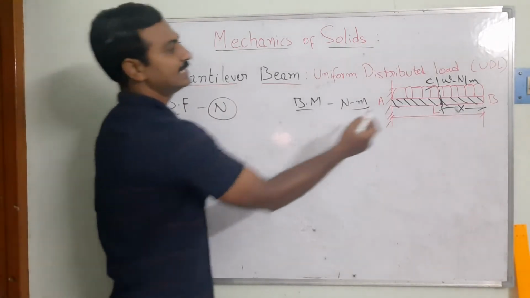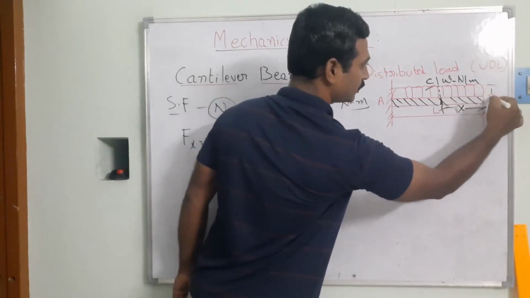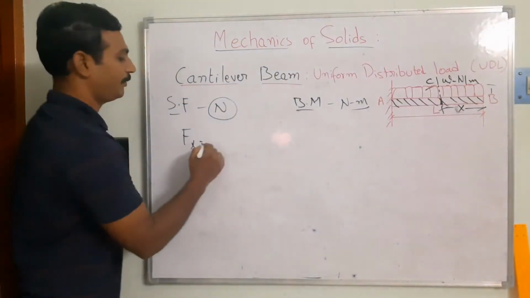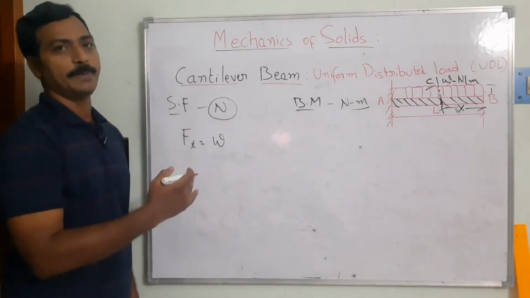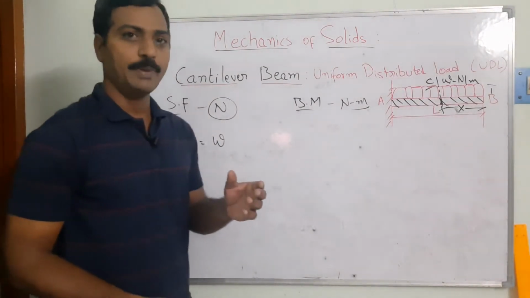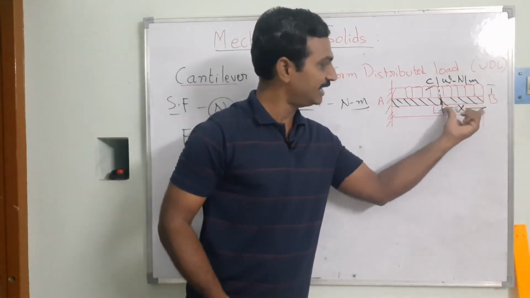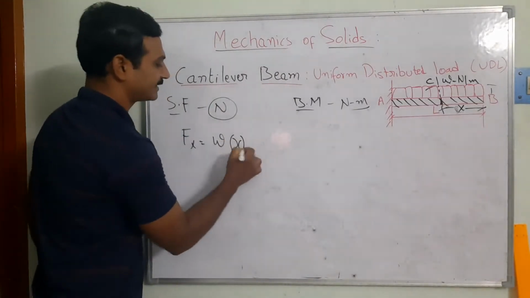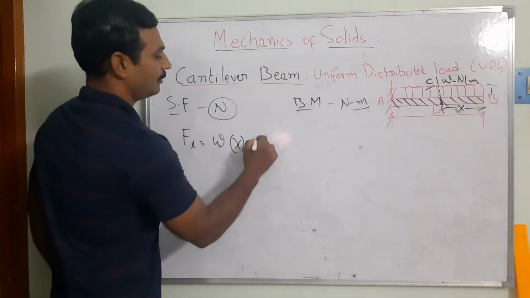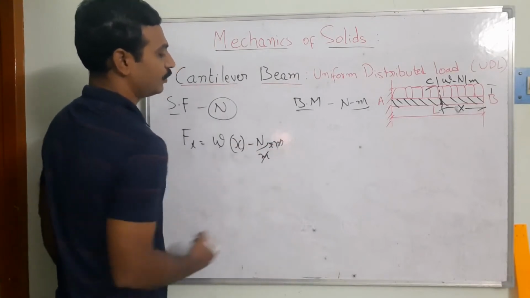The magnitude of the height of the load is omega, whose unit is Newton per meter. Then I multiply it by the length of the beam for the section, which is x. So this is Newton per meter and x is in meters, so the meters cancel.